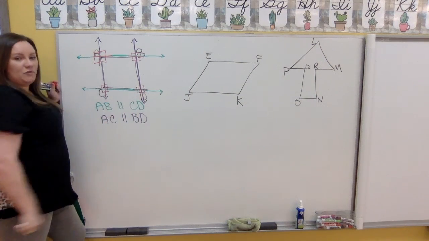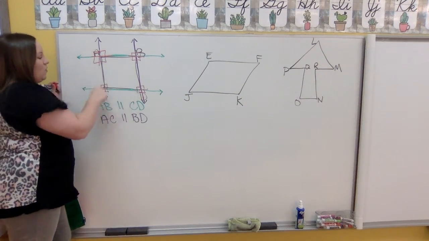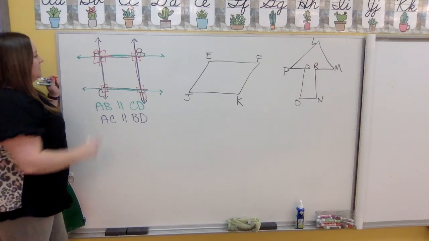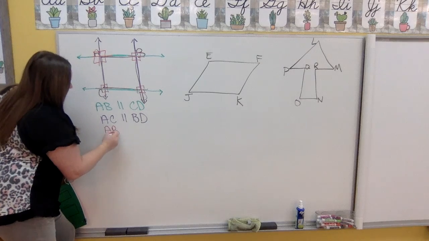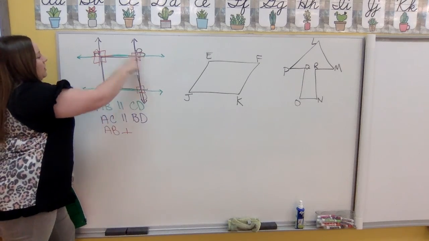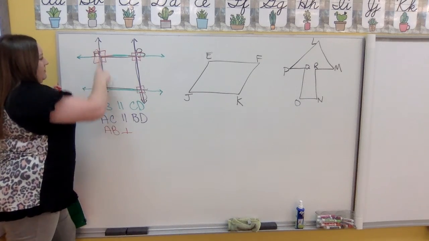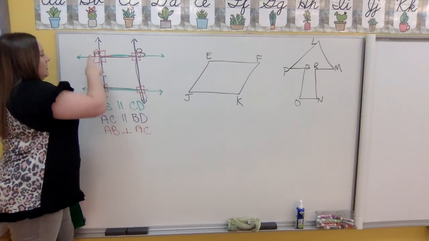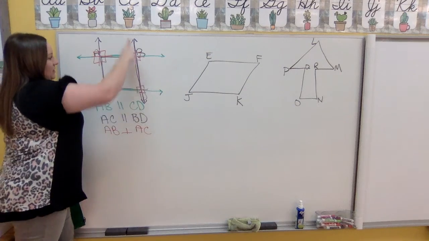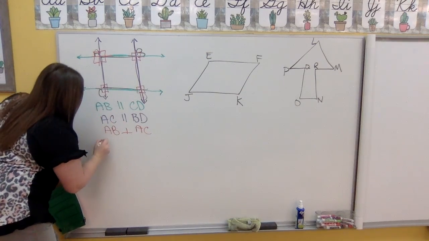So if these lines keep going on, there are 4 corners that have perpendicular lines. So I would say line AB is perpendicular to line AC. Line AB is perpendicular to line BD.